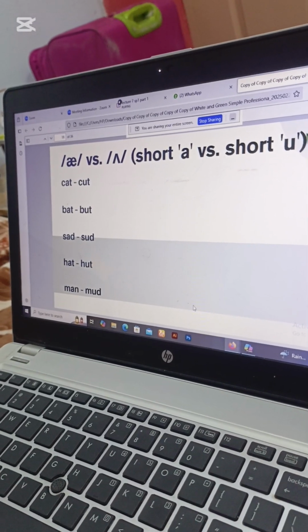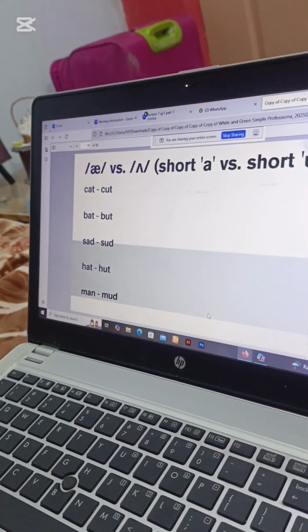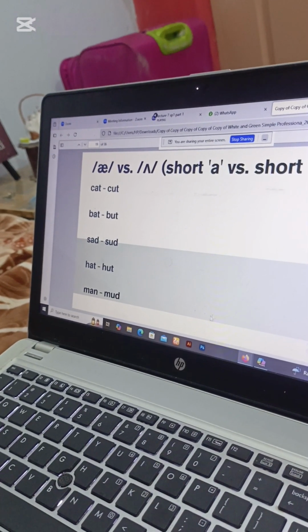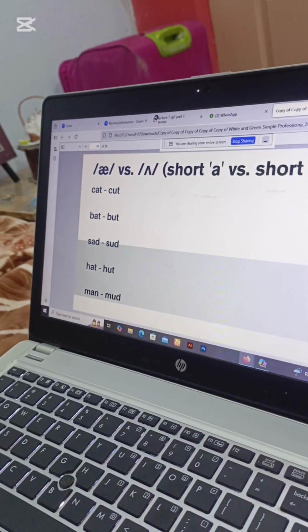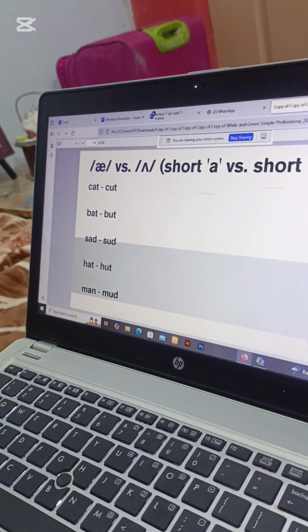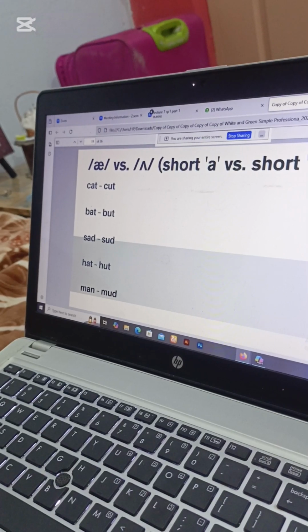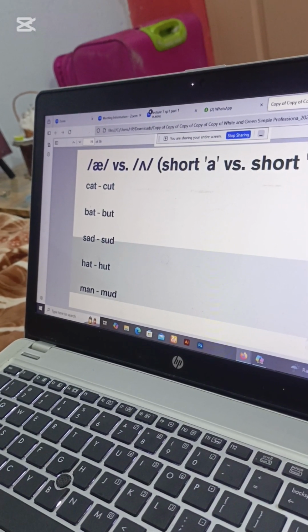This is head and hut. Hut. Yes, hut. Do you know what a hut is? Yes, this is a jhuggi, a slum. Good. What about the last one?